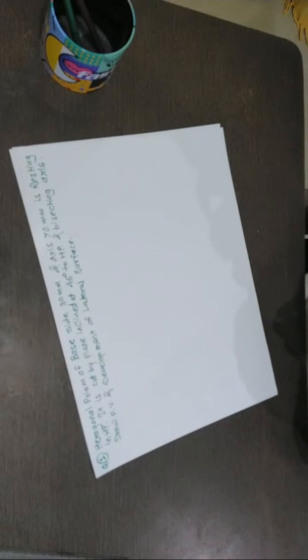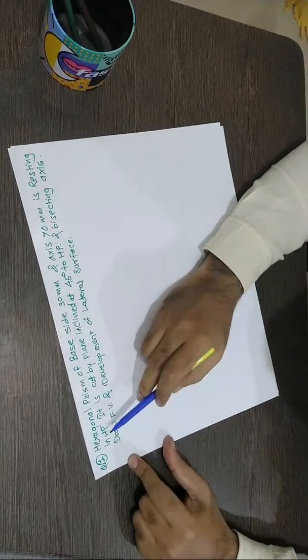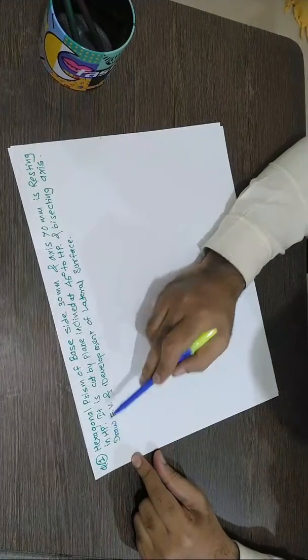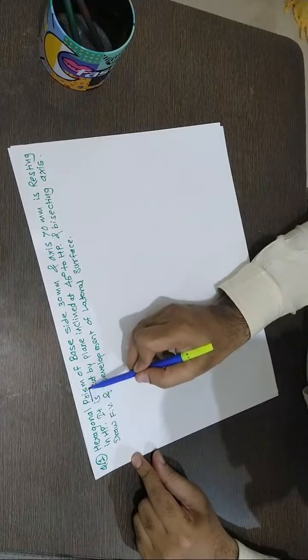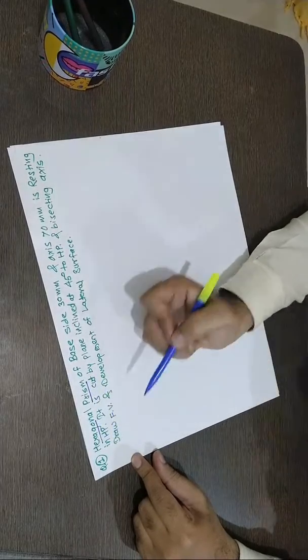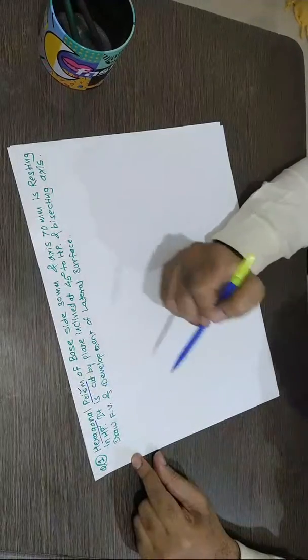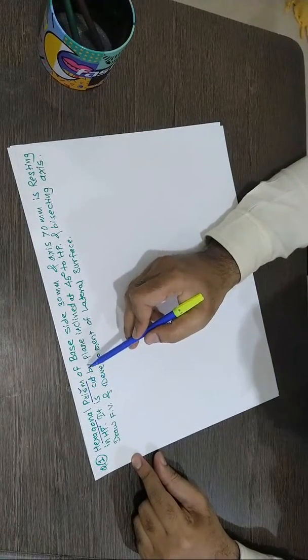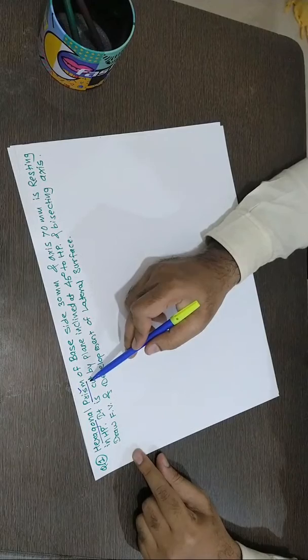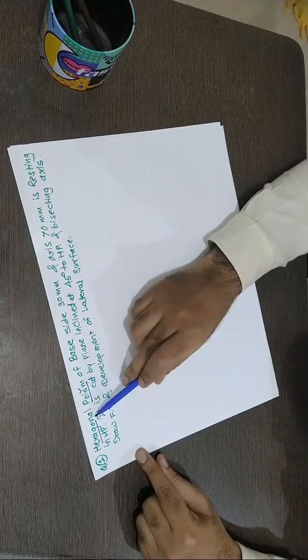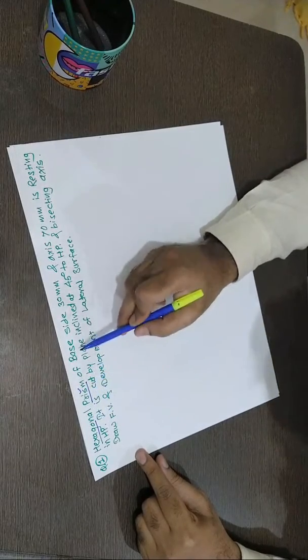So in this question, I'll read the question. Hexagonal prism. So always note down what is the shape and type of solid. It is a prism, not a pyramid. So we should know it has rectangular faces, and a hexagonal base with 6 faces.